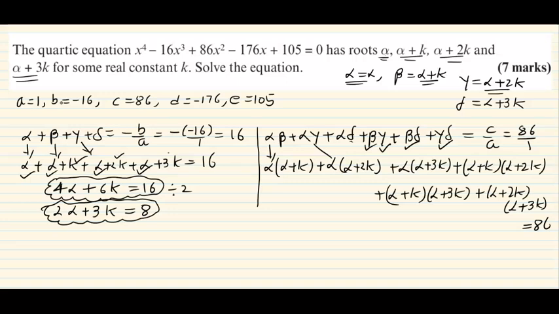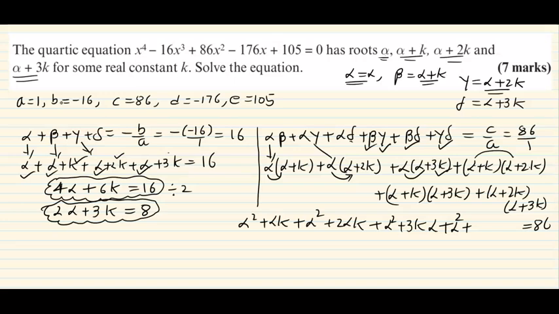So once you multiply, it is a tedious thing, but I'm doing it for you. So alpha times alpha is alpha square plus alpha k. Then you are multiplying this, alpha times alpha, alpha square plus 2 alpha k. Now here you multiply, it should be alpha square plus 3k alpha. Then we are multiplying this, alpha times alpha is alpha square, and alpha times 2k, it should be 2k alpha. Now k times alpha and plus k times 2k, it should be 2k square.